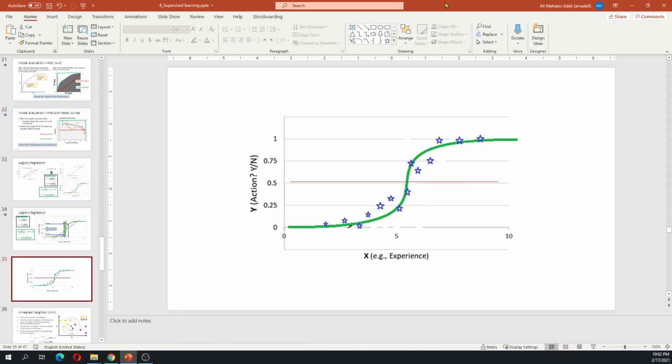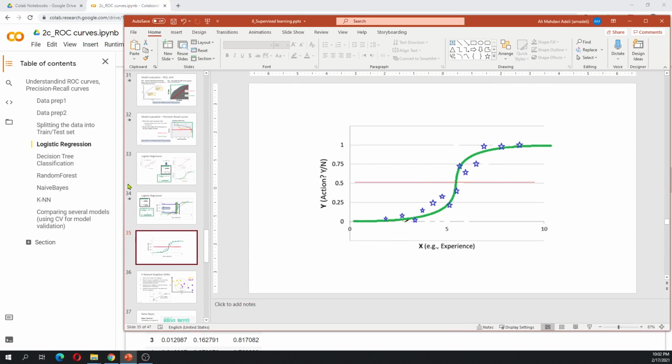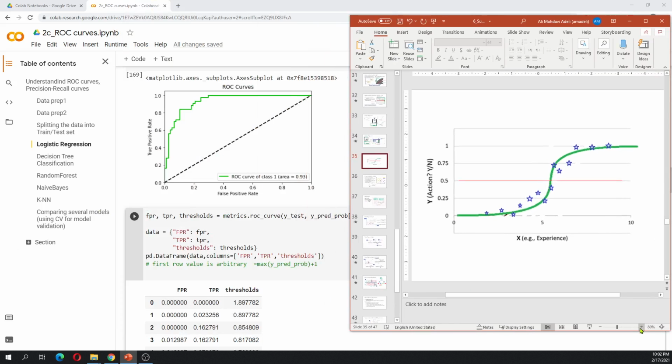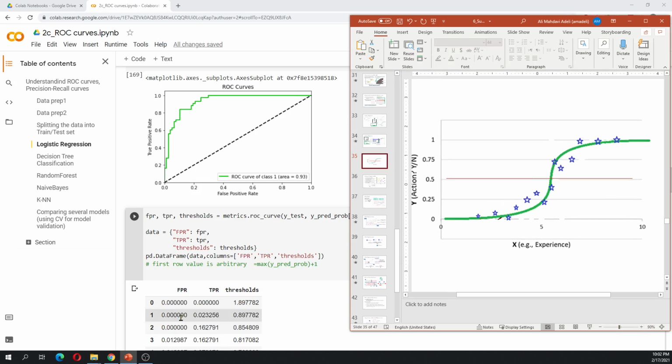Ignore these dots, but let me just move this over, and let's see if we can zoom in a little bit. Okay. So that means if you set the threshold at 0.9, that's the true positive rate and false positive rate you will get. So what would be a good choice?